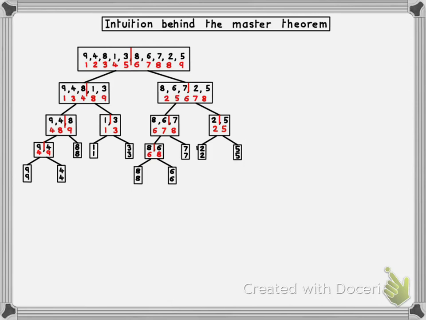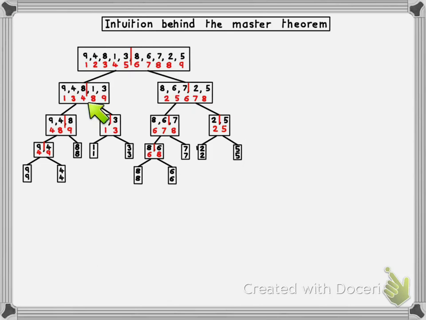We represented the sequence of recursive calls using a tree like this one, where the root node of the tree is the initial call to the algorithm, and then the two children nodes of the root node correspond to the two recursive calls that are made at the top level.